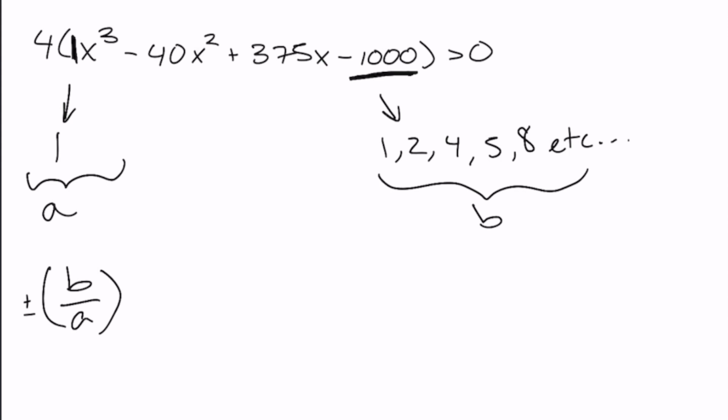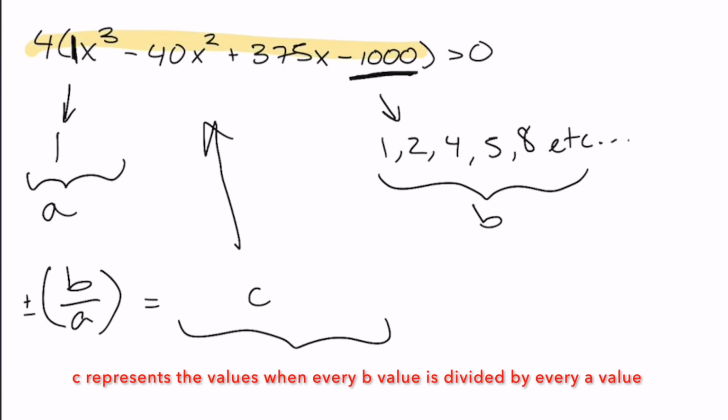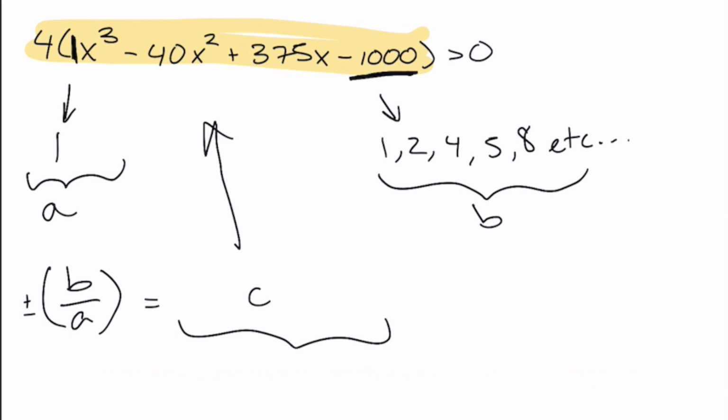Those values, we'll call them C. When you plug those C values into this equation that I'm highlighting here, if you get 0, then that means that is a zero and one of your factors.